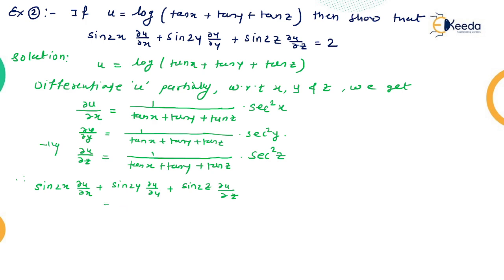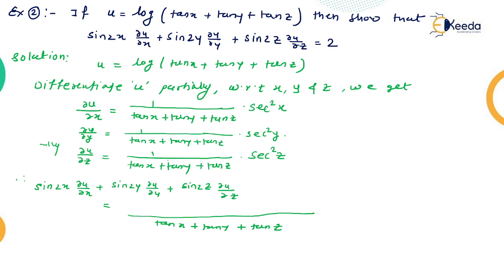It becomes, check the denominator, the denominator is common for all of them, so I take the common denominator tan x plus tan y plus tan z.